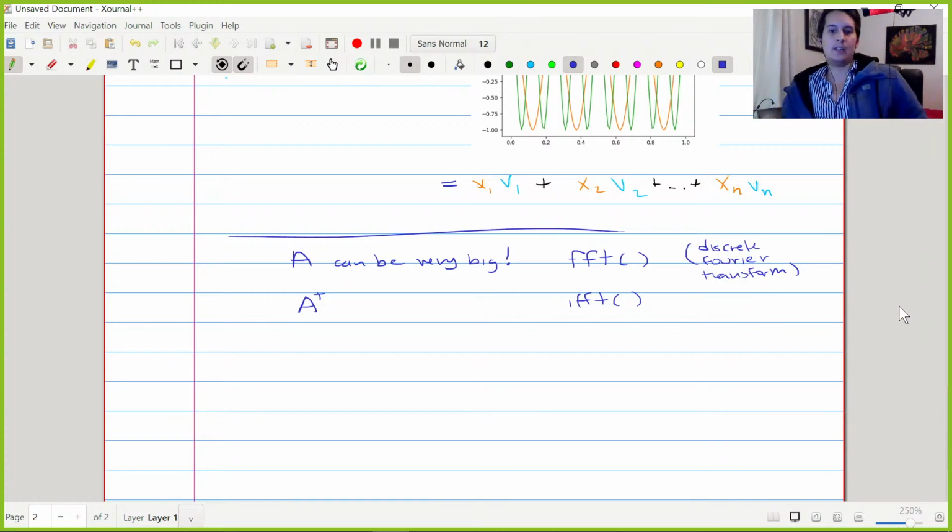The FFT is the algorithm, and the DFT is basically the representation or the transform. So we can replace our matrices with algorithms or functions, and we do not need to save or calculate the transpose or the inverse of a very big matrix.